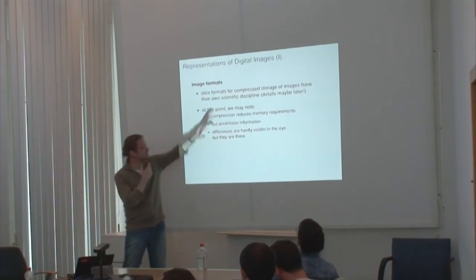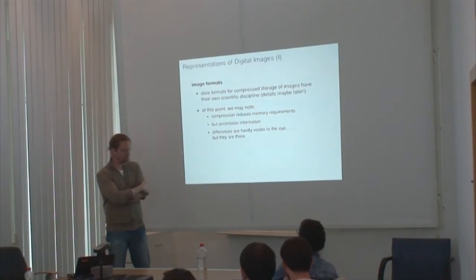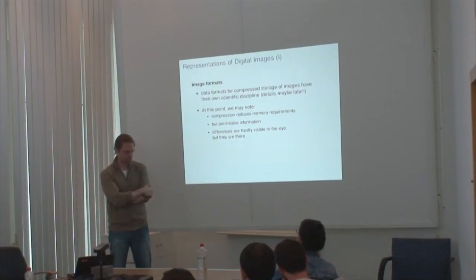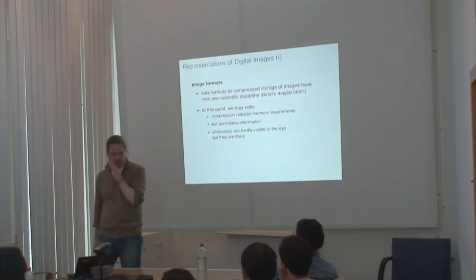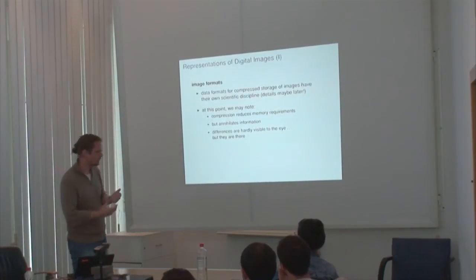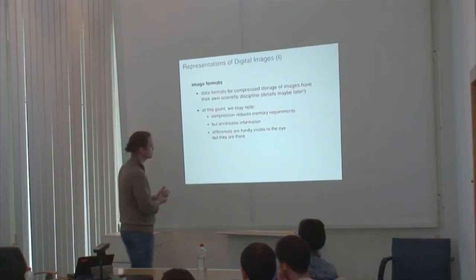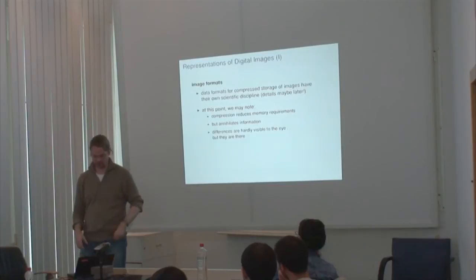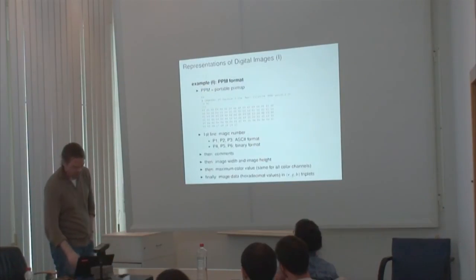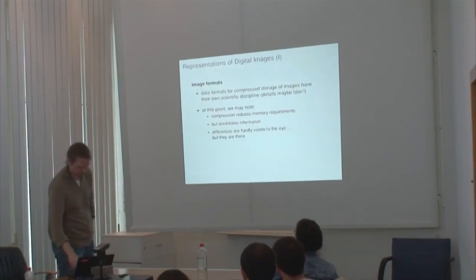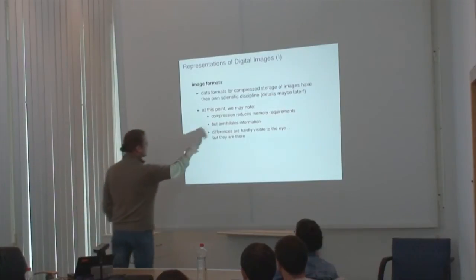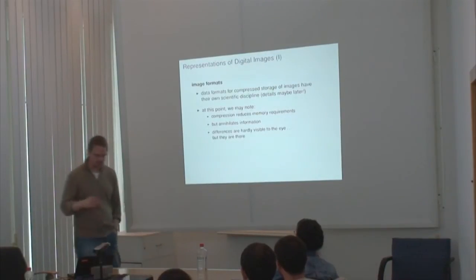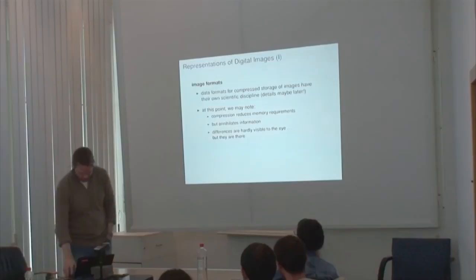And I said details maybe later because in order to understand what, say, JPEG or MPEG does, we first have to really dig deep into stuff we're doing anyway, and then if there's time we can look into it.